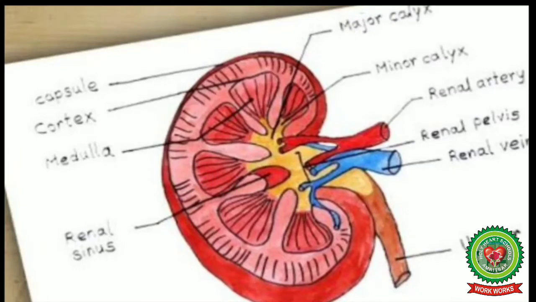Why? Because of the presence of highly coiled part of nephron, whereas the medulla part is striated in appearance because nephrons run almost straight in this region.